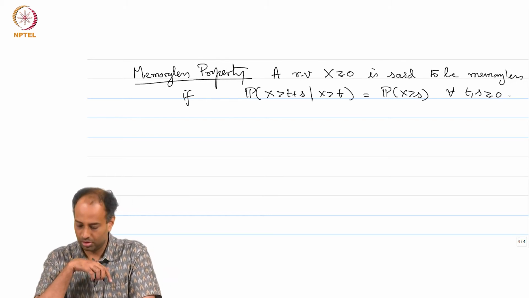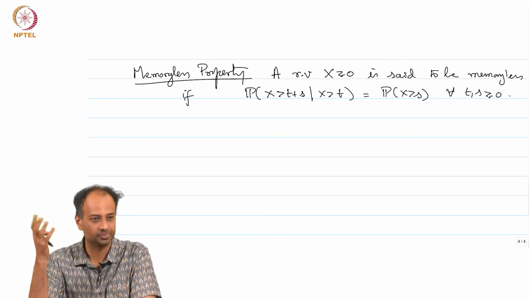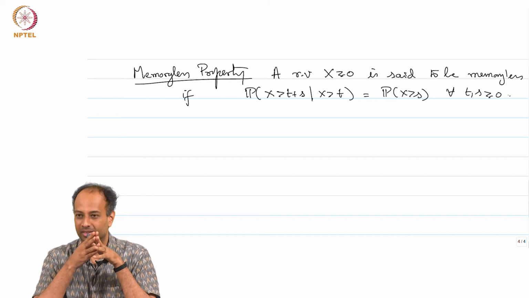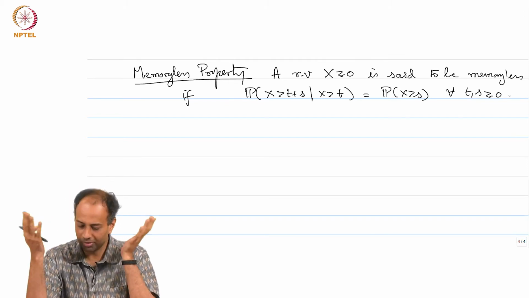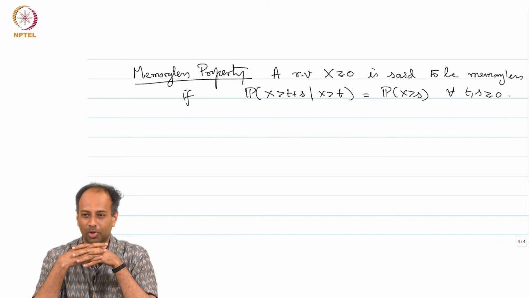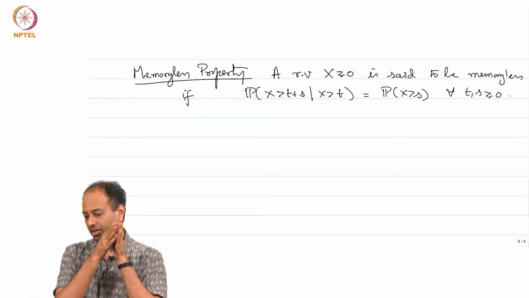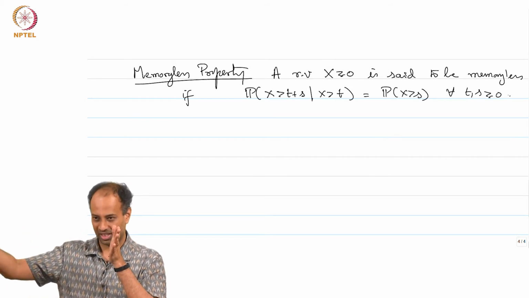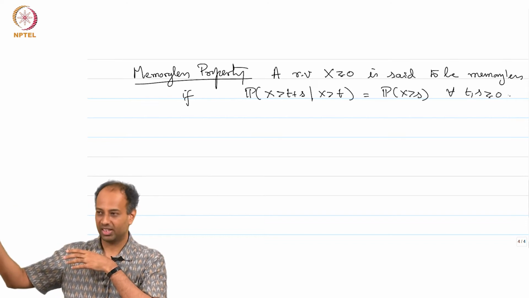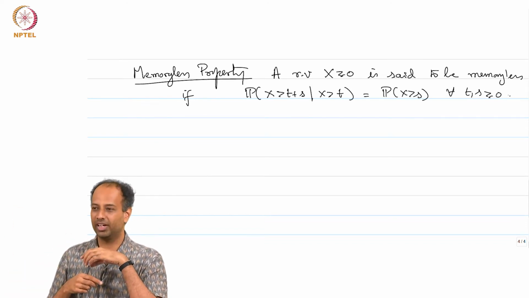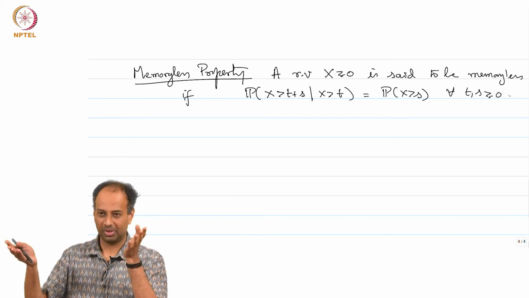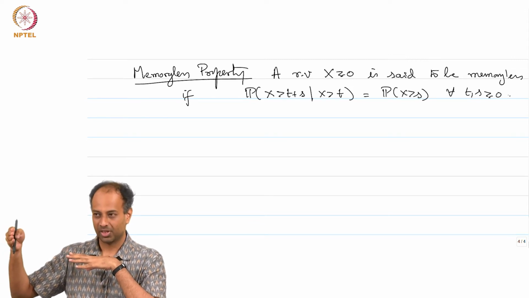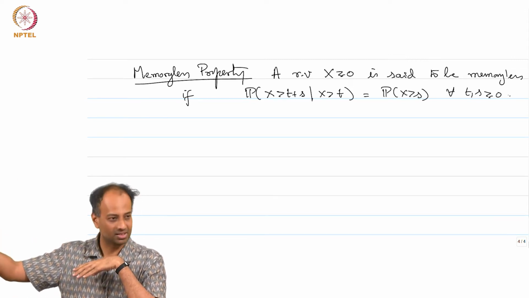So, you are looking at some random variable X. In our case this X is an interarrival time. You are waiting for some arrival to come. The probability that you waited till t and there has been no arrival, meaning that the interarrival time has been bigger than t. Given that you waited longer than t, what is the probability that you will wait for a total time of t plus s, which means, given that you waited for time t, you will have to wait for another time s?